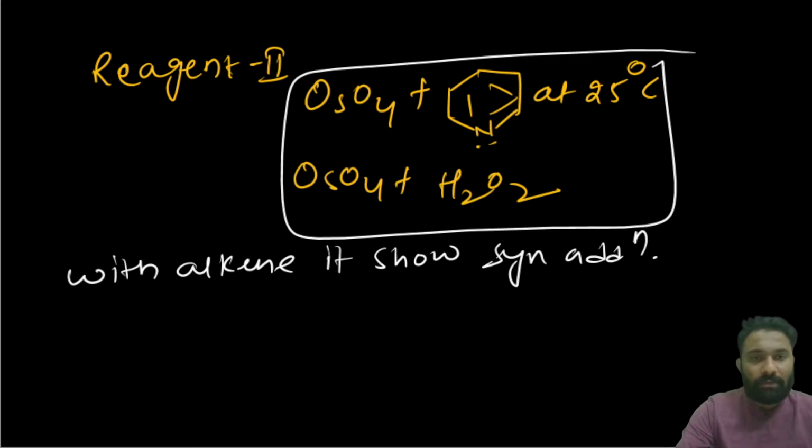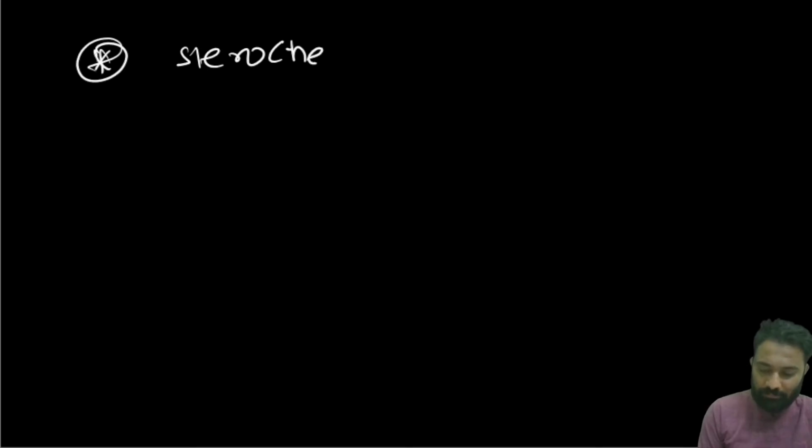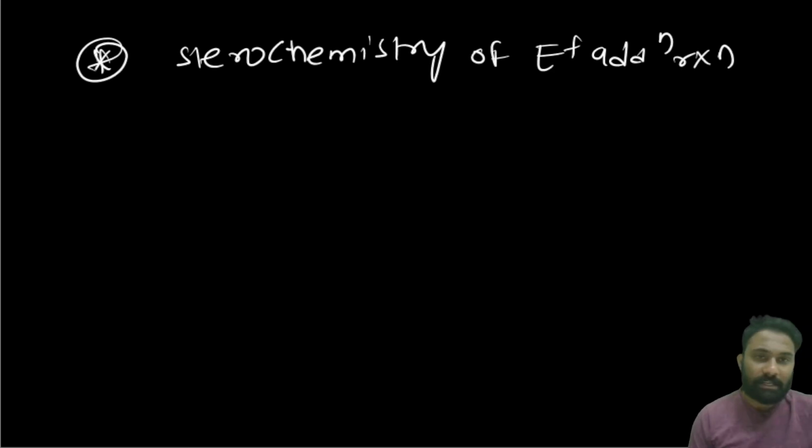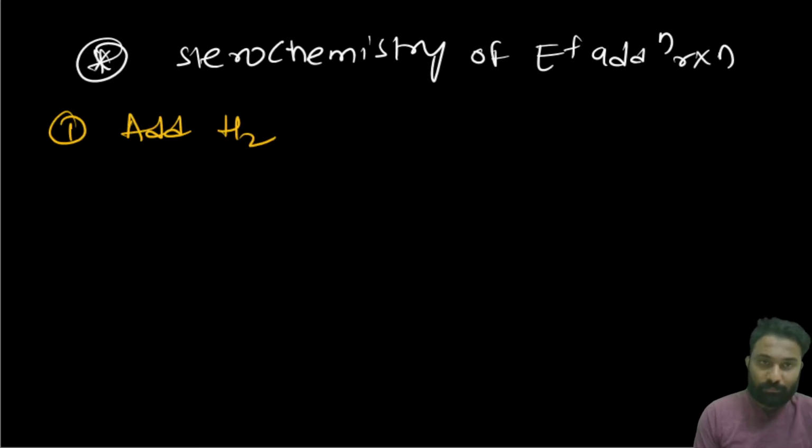Next, we are going to see very important reactions that you have to remember and be very careful with, this type of reaction they have given. Clear? Last and very important, we are going to see the stereochemistry of electrophilic addition reactions. First one, addition of H2 and addition of diborane.